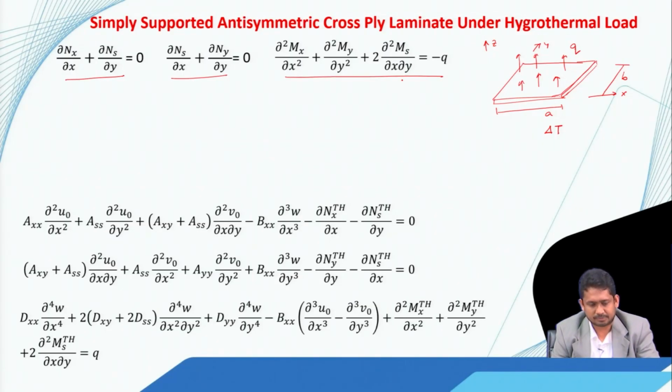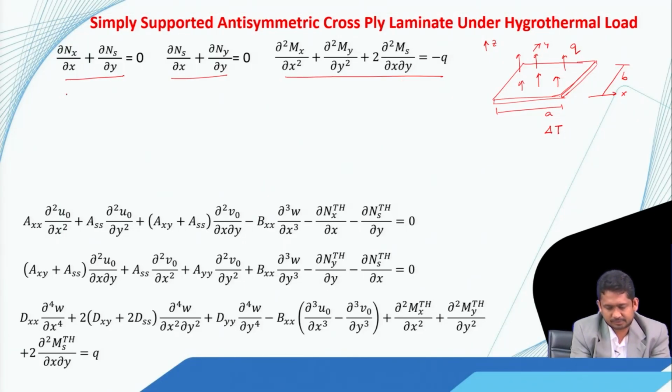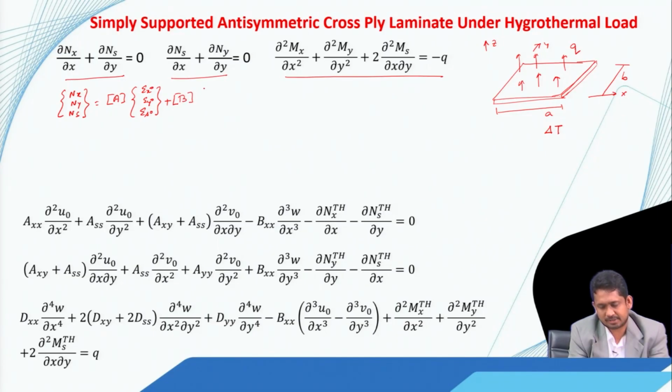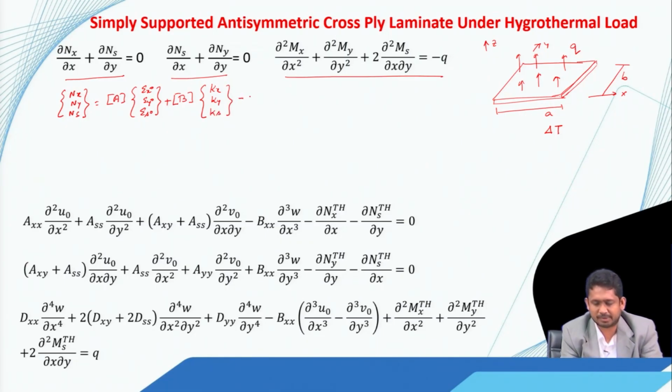So, we have seen that Nx, Ny and Ns is equal to A matrix multiplied by epsilon x0, epsilon y0, epsilon s0 plus B matrix multiplied by kappa x, kappa y, kappa s, and then we have minus Nx Th, Ny Th and Ns Th.